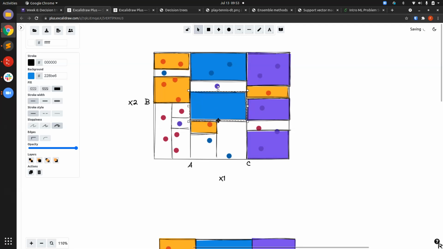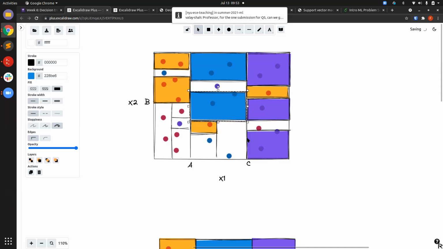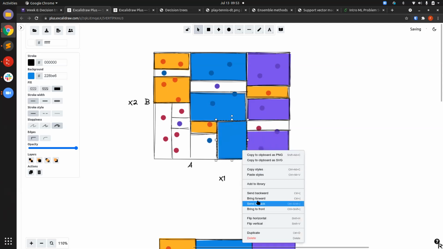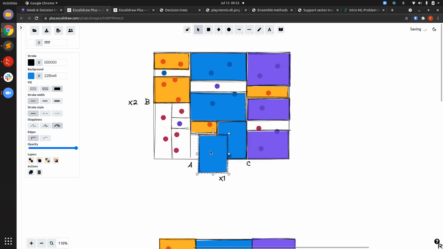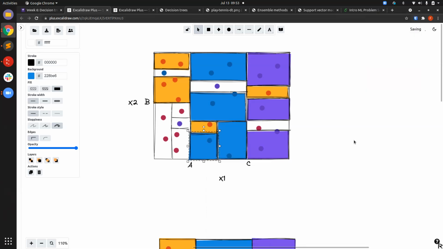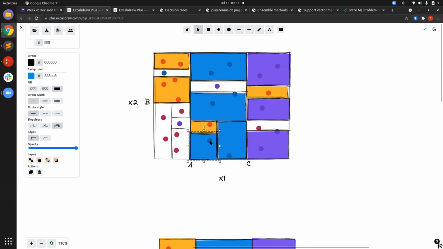So if we let a tree go very deep, you'll have high variance.